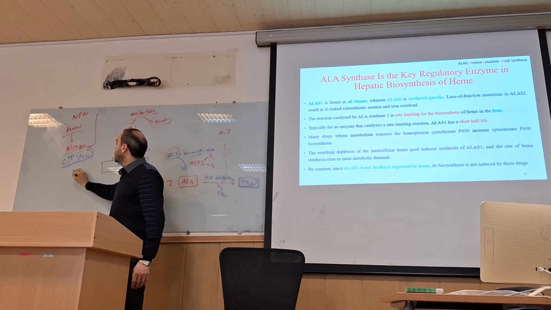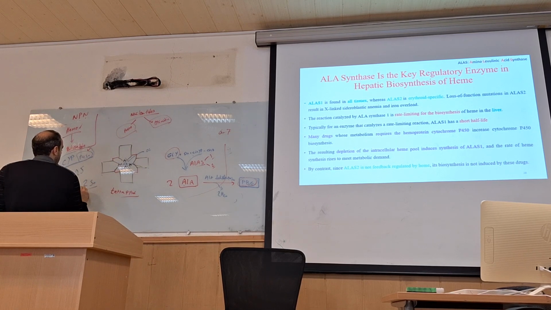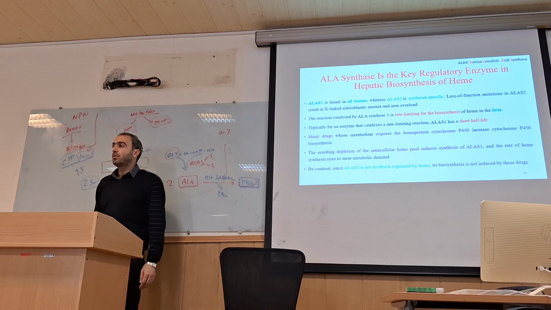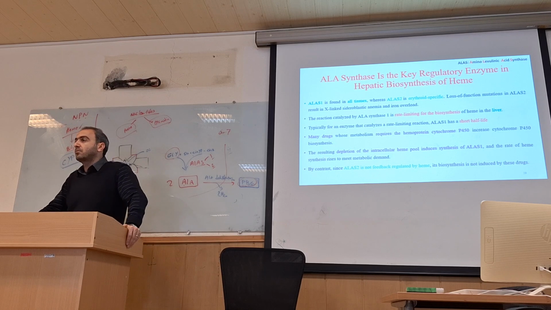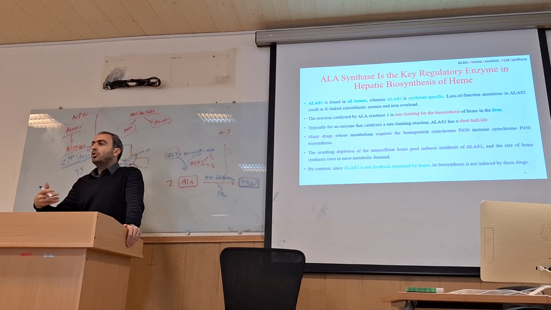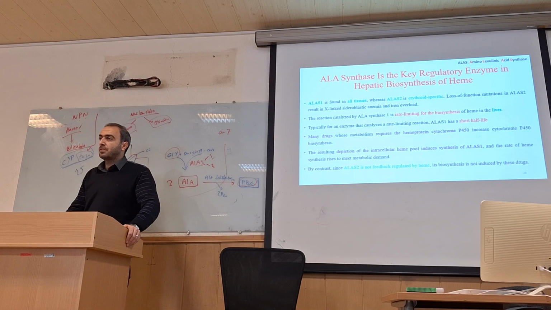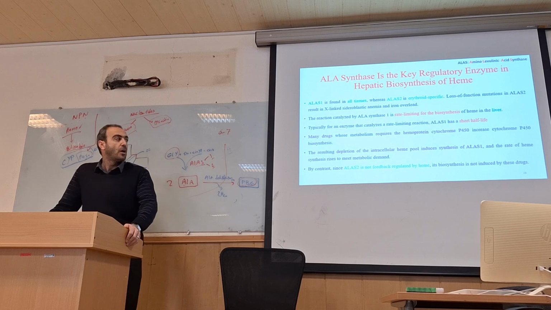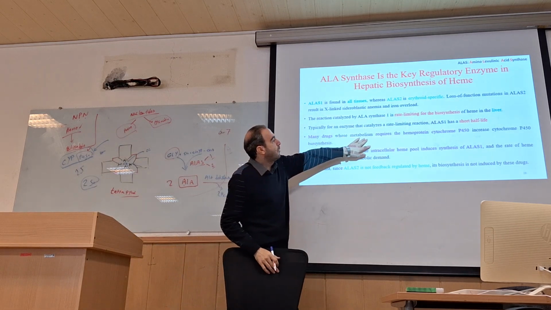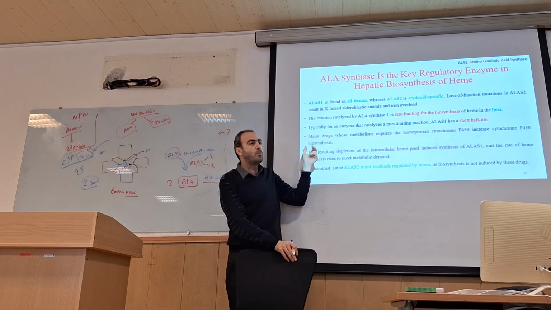We have more than 250 molecules of cytochrome P450 for metabolism of all kinds of drugs and poisons. So when we use some drug, because we need this molecule, the synthesis of heme is increased because this molecule contains heme. So many drugs whose metabolism requires cytochrome P450 increase the biosynthesis of heme.